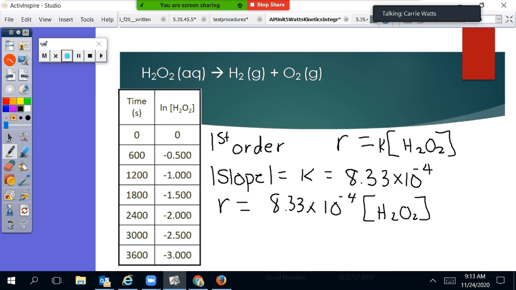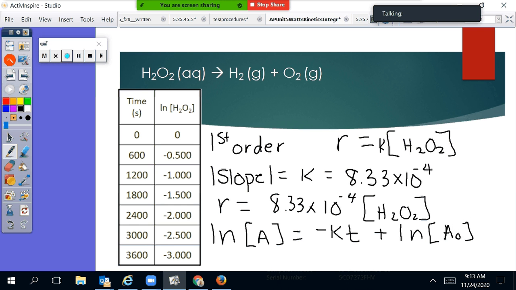And then for my integrated rate law, I have the natural log of A equals negative KT plus the natural log of A naught. When I plug in, I get the natural log of A equals negative 8.33 times 10 to the negative fourth T. And then I have here for my intercept 0.